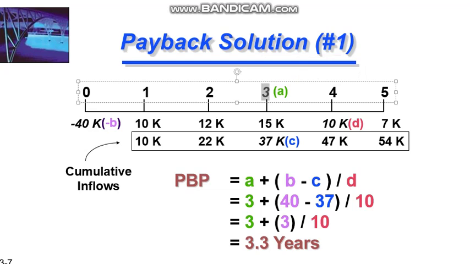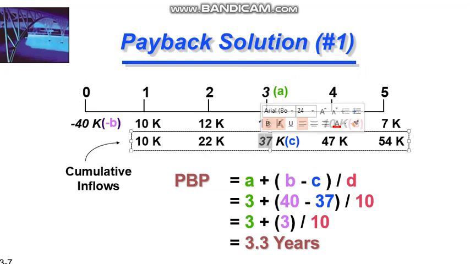You can see that A is written there, and in A we put 3. B is the cash outflow, that is 40k, so we put 40 here. C is the cumulative inflow of the selected period, that is 37.